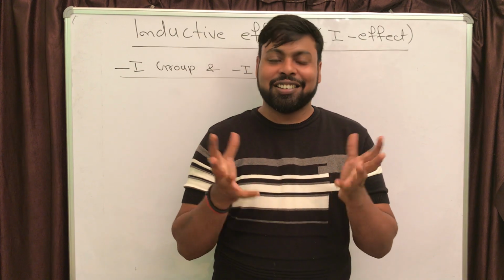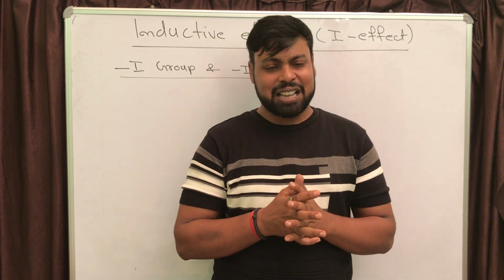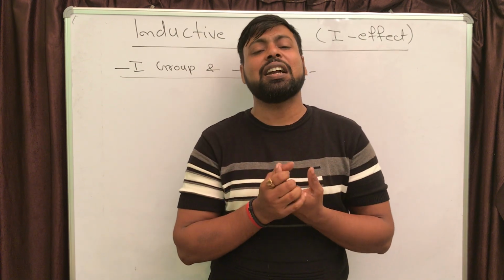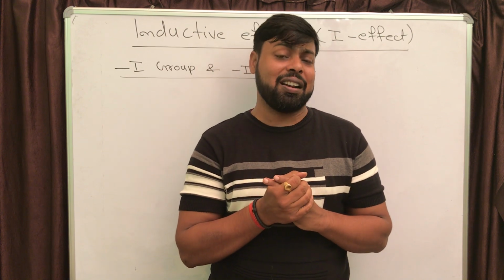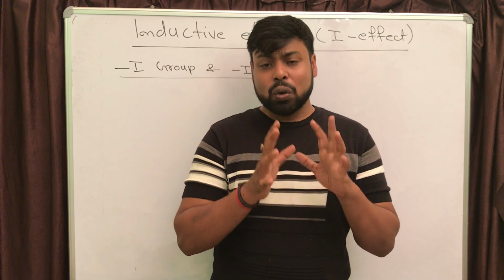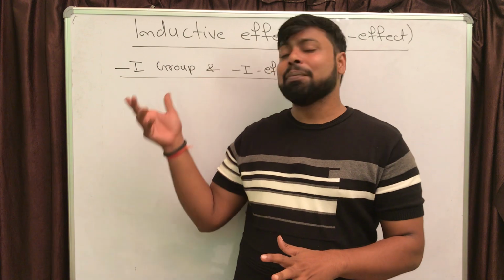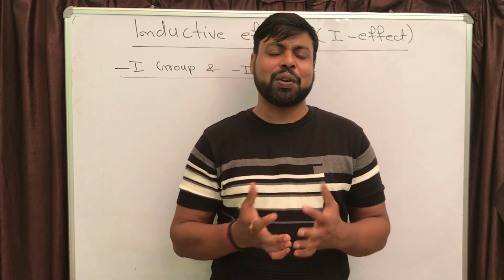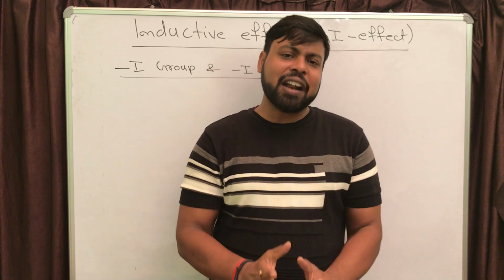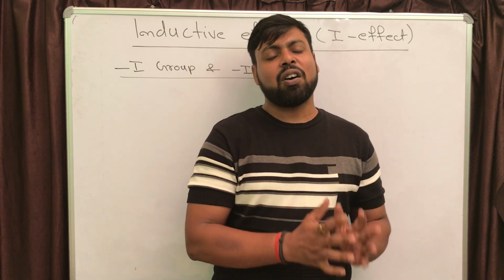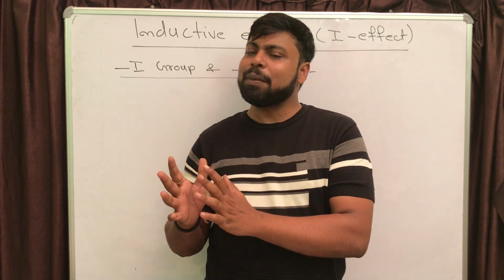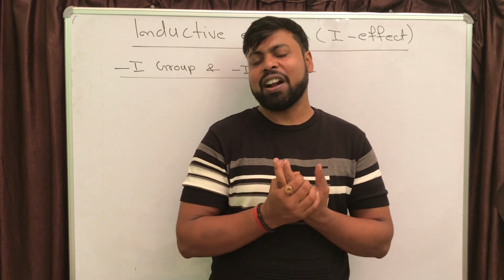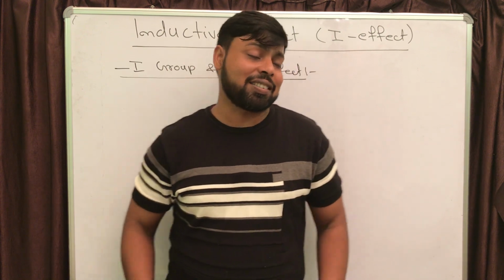It is the atom or group of atom which has the tendency to pull the electron from the sigma bond pair electron, known as minus I group, or that is also known as electron withdrawing group, and the effect of withdrawal of electron from that particular atom or group of atom is known as minus I effect.